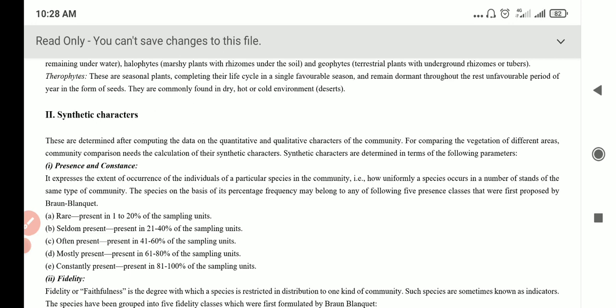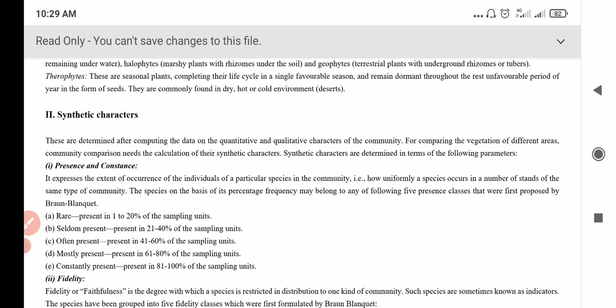For frequency, separate; for abundance, separately; for density, etc. But for importance value index, we take into account all these quantitative characters. We will study in IVI, density also, frequency also, basal area also, and other characters. So the numbers, we know the number, we know how dense, we know how abundant it is.